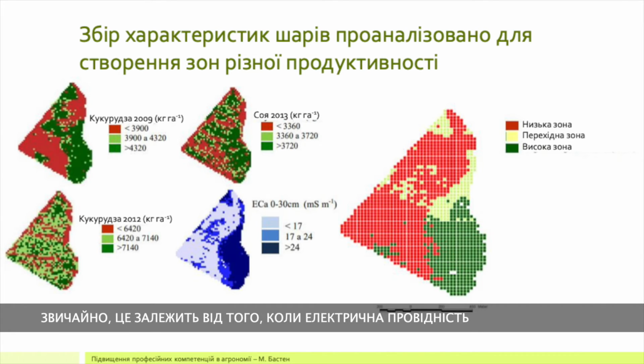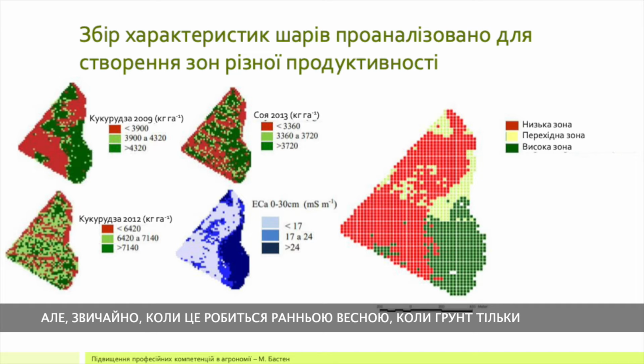It depends very much on when the electric conductivity is measured in the field, because in summer, when the water is almost exploited, and water affects the electric conductivity a lot, if it's dry everywhere, then the differences in water content in the soil are not so visible anymore.